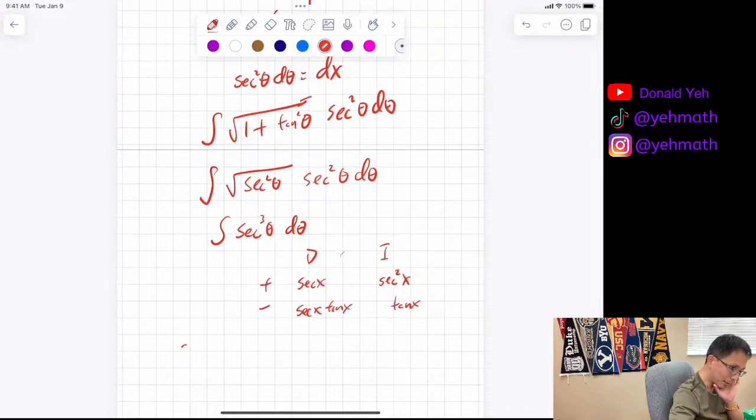So it will be secant times tangent. Are we okay here? Actually we're using theta here, so don't get confused. I always get confused. Theta. Minus the integration of secant times tangent squared.